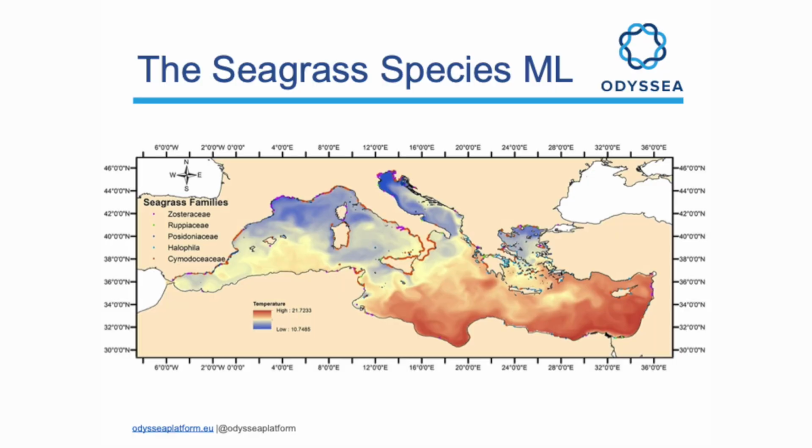And we blended this data with the data coming out of the Copernicus Marine Environmental Service and the data coming out of EUMETSAT. So we were able to understand how the different environmental and oceanographic parameters are affecting the distribution of seagrass in the benthic marine environment.